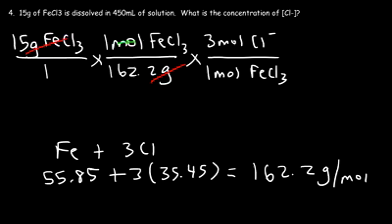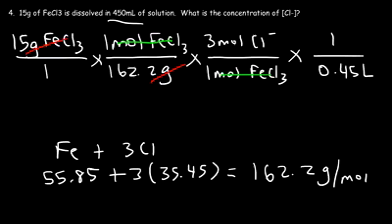It's a 1:3 ratio. Now that we have the moles of chloride ions, all we need to do is divide it by the liters of solution, and that will give us the concentration of chloride. So let's divide this by 1,000 to convert it to liters. So that's 0.45 liters.